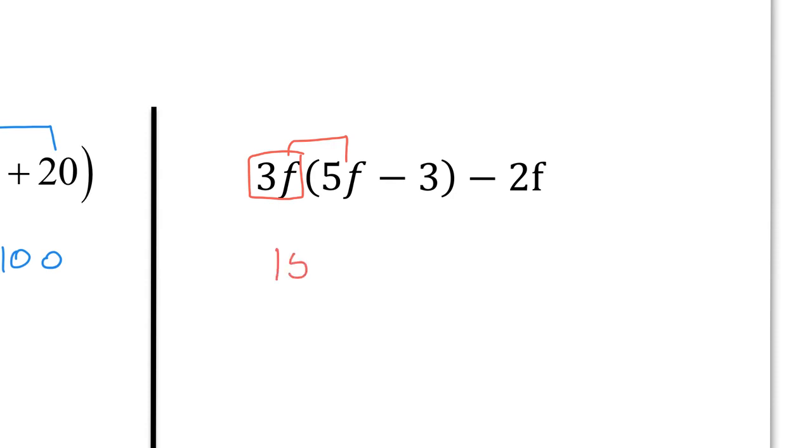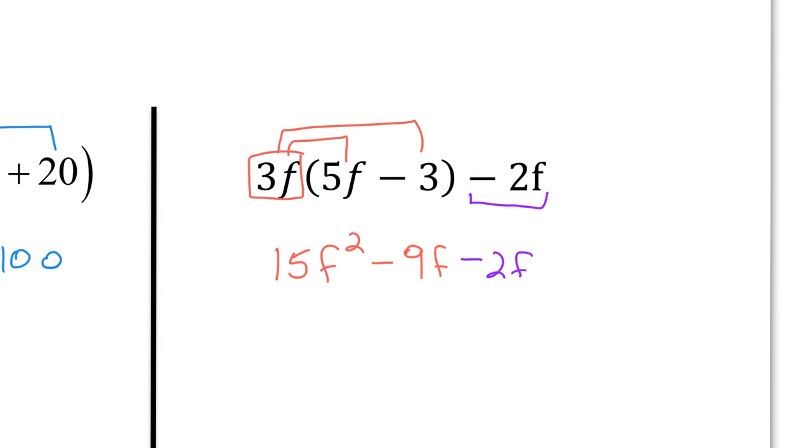That's going to be 15. F times f is f squared. 3f times negative 3. That's going to be negative 9f. And now you're going to bring down the minus 2f, because you're not going to multiply this one by 3f. It's not inside of the parentheses. So you just bring it down.